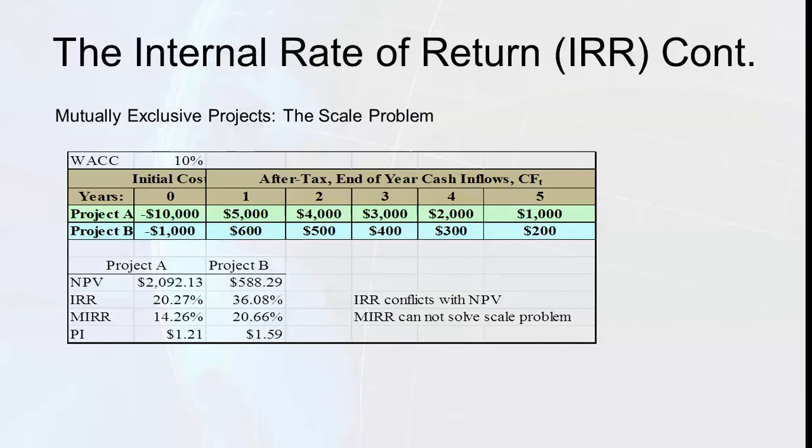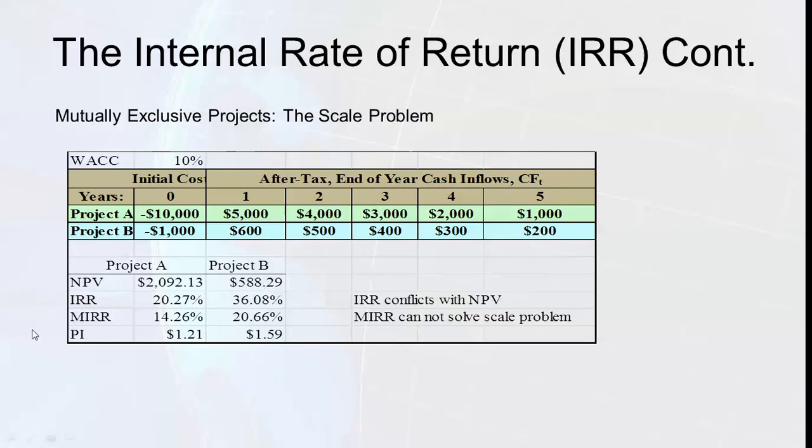If you find NPV here, for project A we have $2,092.13, and for project B we have $588.29. So based on NPV, project A is superior to project B.